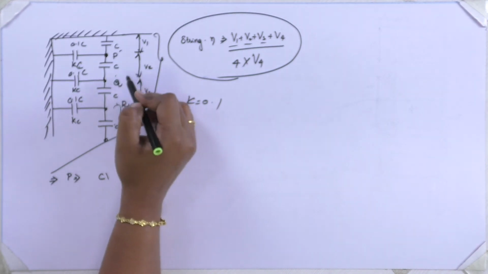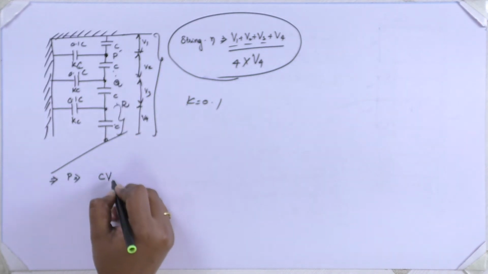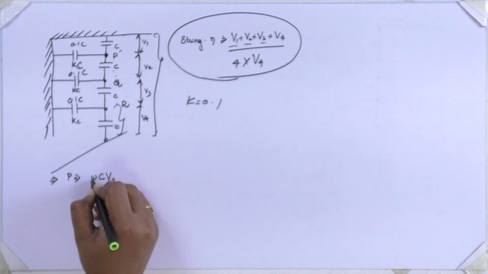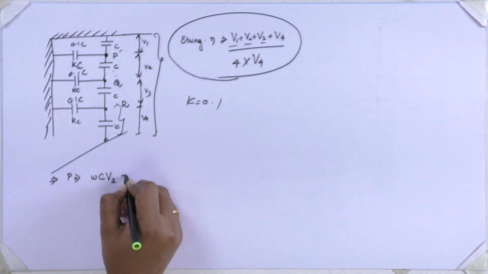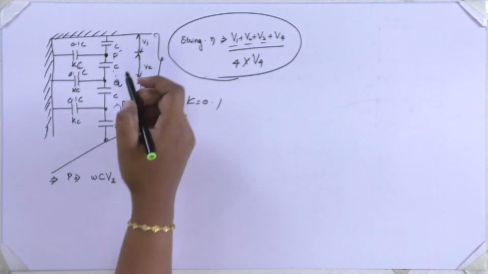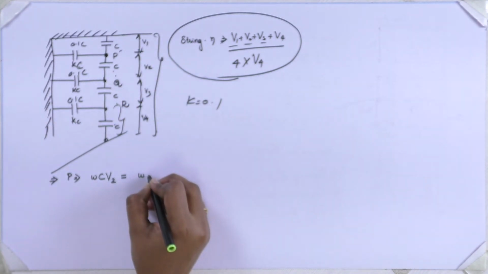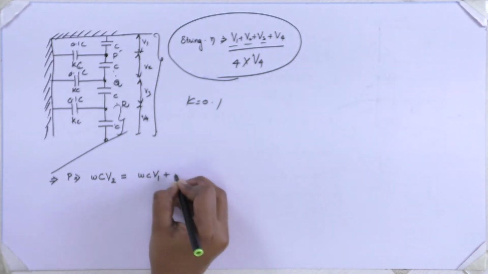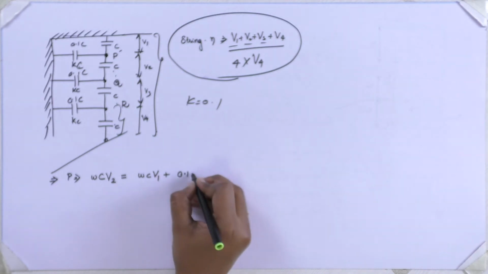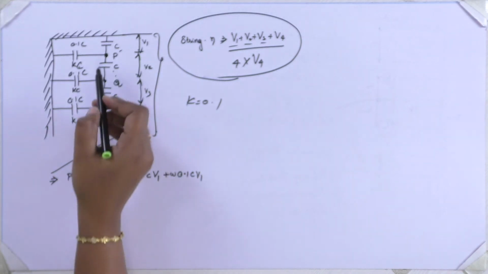At junction P, this voltage is V2 with C. So C V2, the j I am neglecting, omega C V2 equals, what is the voltage here? It is omega C V1 plus 0.1 omega C V1.